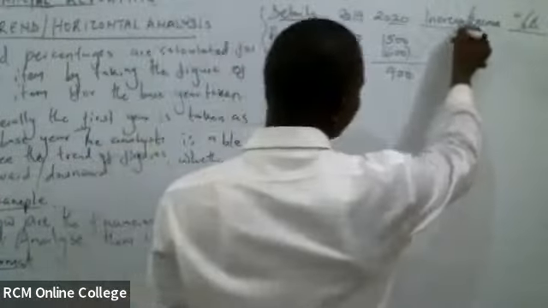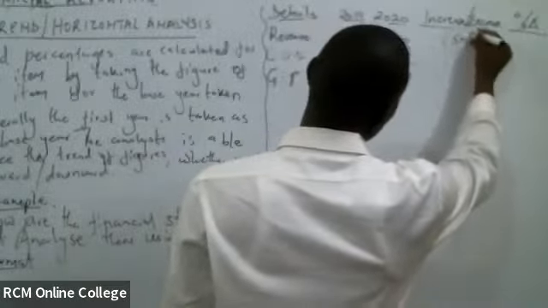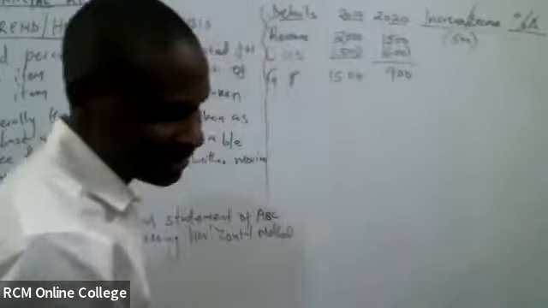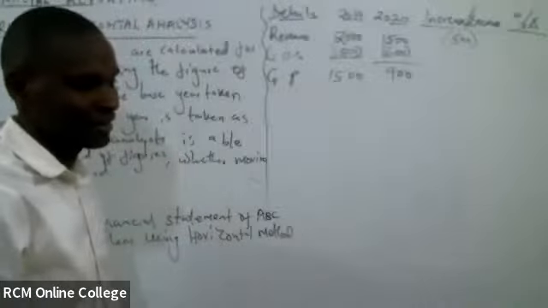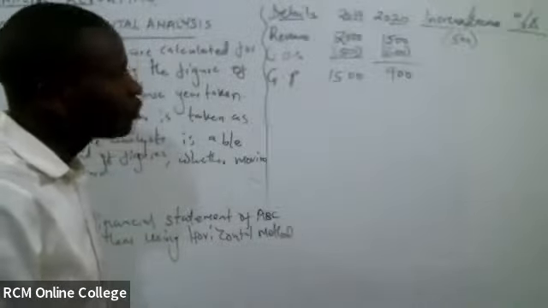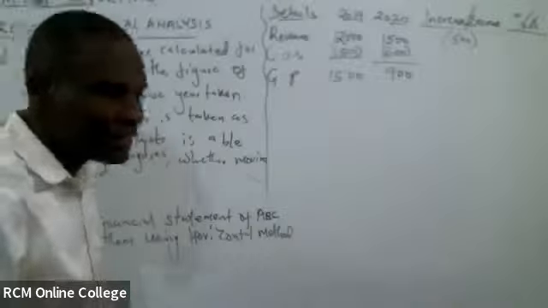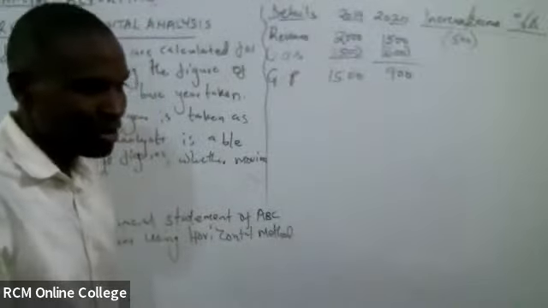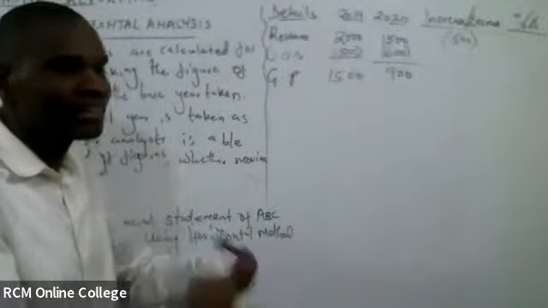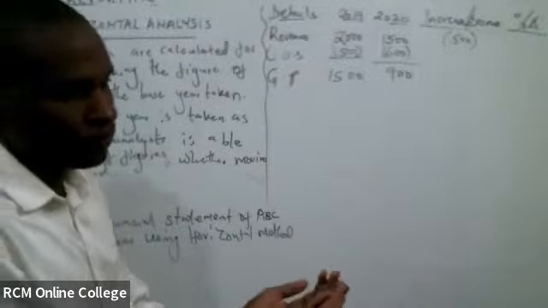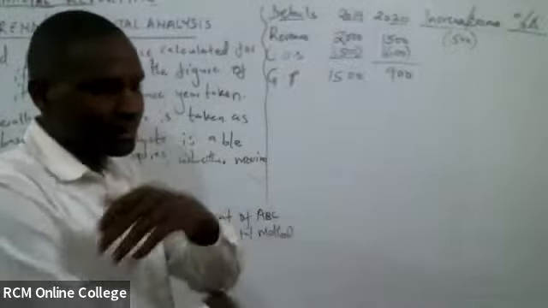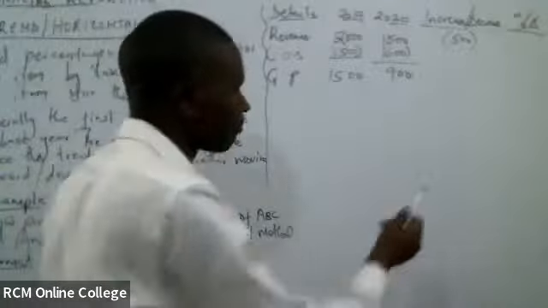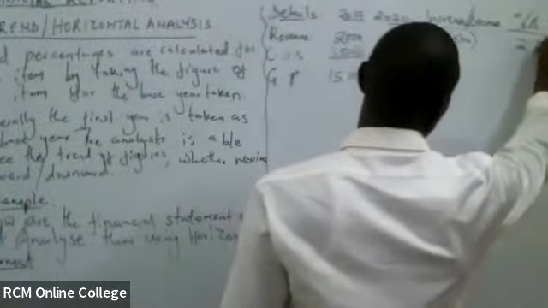So it will be negative 500. That is where you bring the negative. Very important. So what is the percentage decrease? Now the percentage that we shall be having there is the percentage decrease of our revenue. What is the percentage decrease? 25%. Thank you so much.